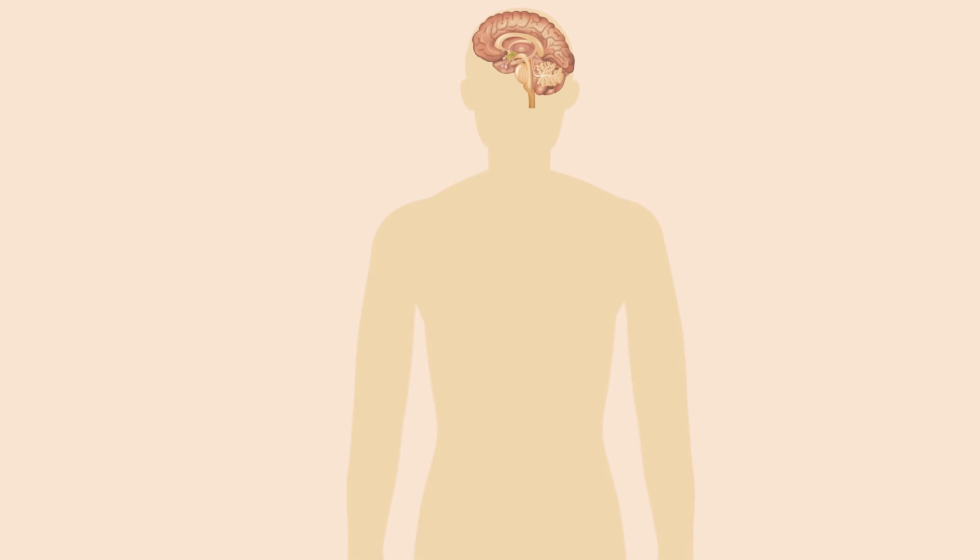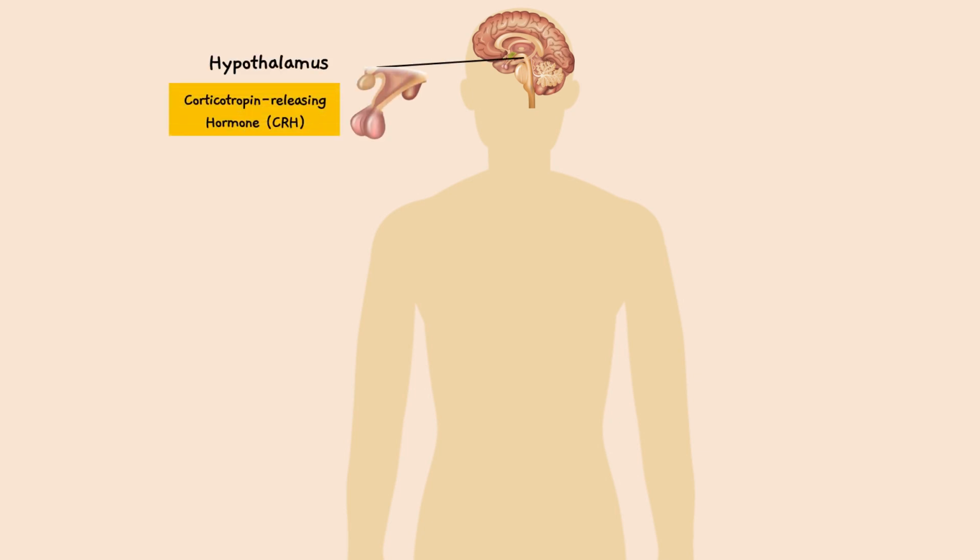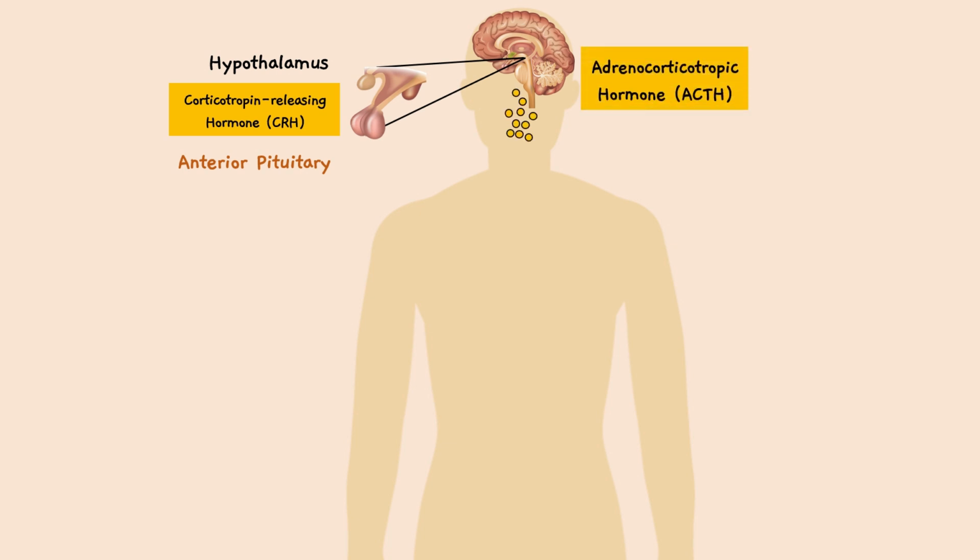Now, we discussed that the acute stress is managed by the hormones from adrenal medulla. While what happens in the long-term stress is that our hypothalamus releases corticotropin-releasing hormone, abbreviated as CRH, that targets the cells of anterior pituitary to release ACTH, or adrenocorticotropic hormone.